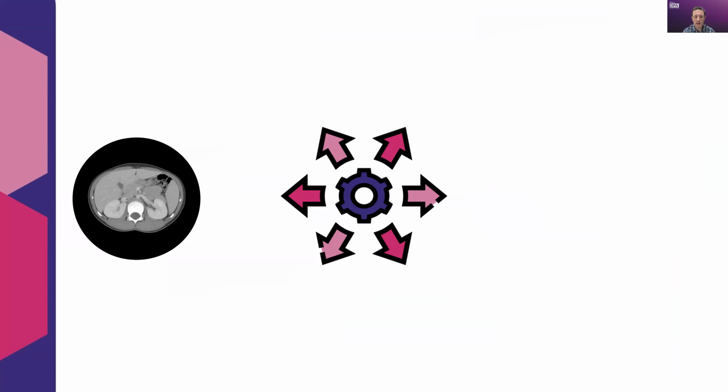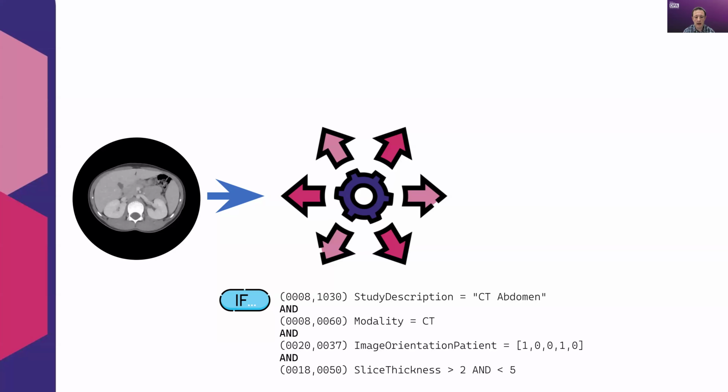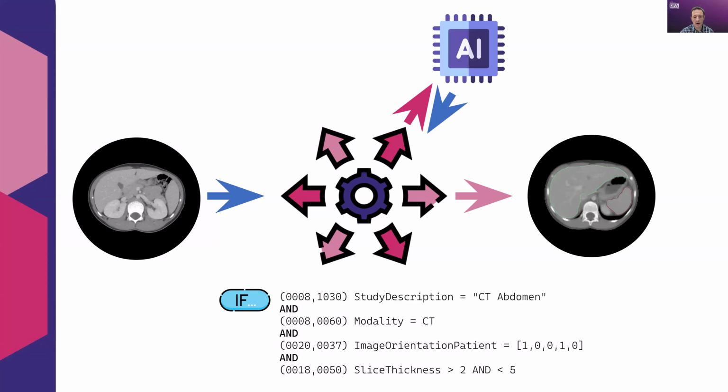One of the really cool things with DICOM is it's not just the images, it's the metadata. And the metadata is where the real power comes in. If we have images, we can use tools like a DICOM router. That DICOM router can create complex if-then rules when we're sending images. Those rules can look at the individual information in the DICOM and drive things like artificial intelligence.